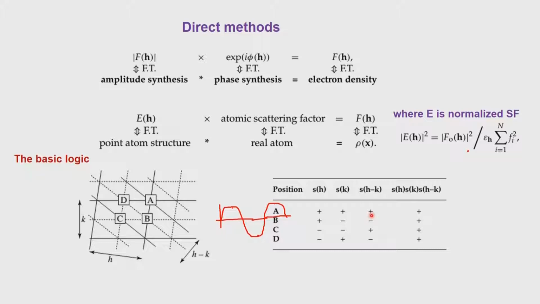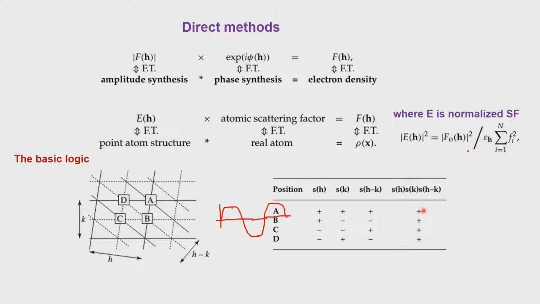So that means if you are looking at a centrosymmetric structure, these three now represent a phase value equal to 0. So this is sign of H, sign of K, sign of H minus K. Now the product of these three, SH, SK, SH minus K, will therefore become positive. This is what is important.